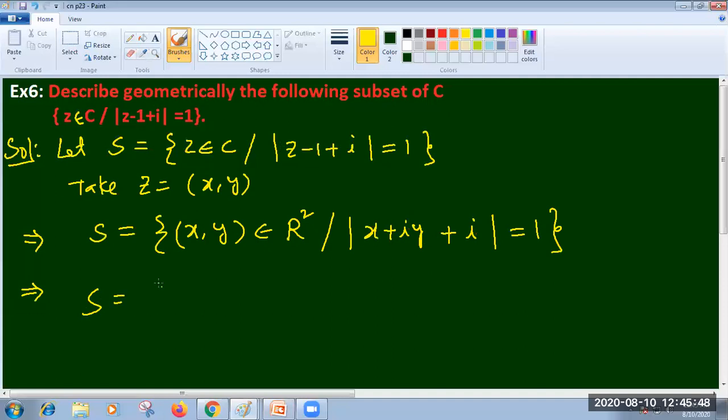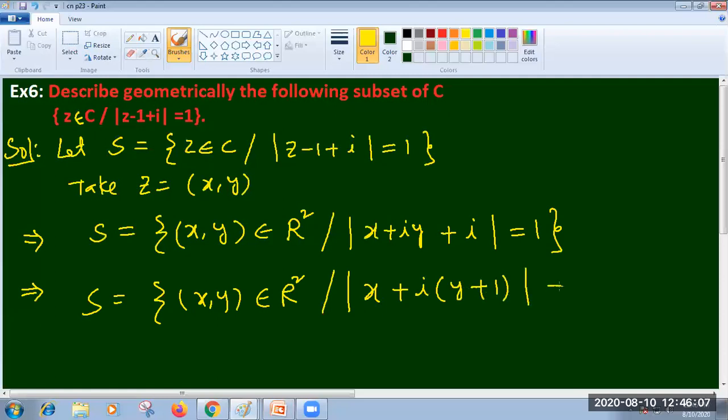Further simplifying this, x, y belong to R cross R such that x, taking I common, y plus 1 is equal to 1.